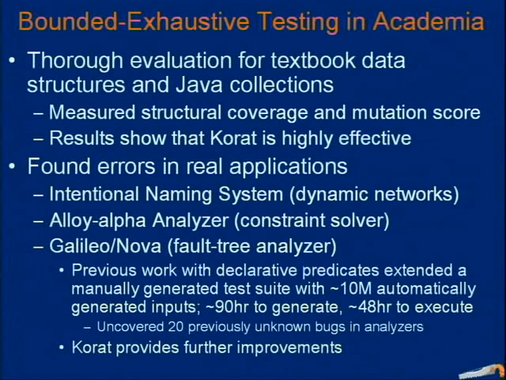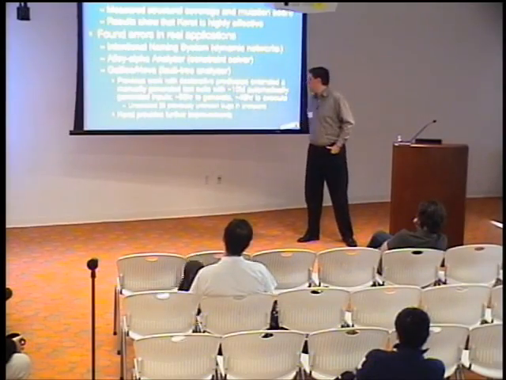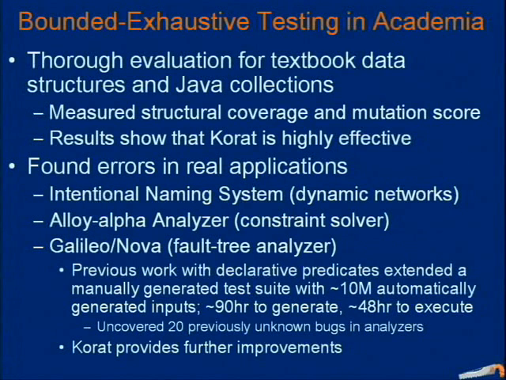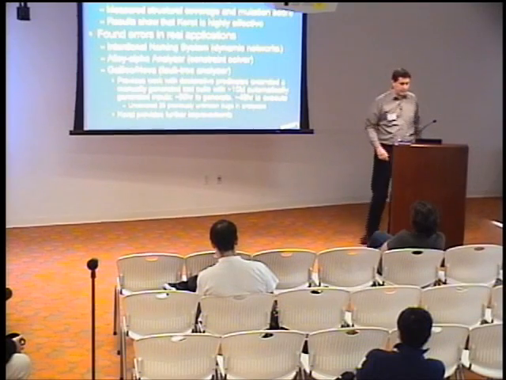And then they've used the tools to actually do this checking with those declarative predicates. The point here is just to show some of these numbers: you can generate millions of these tests, and then it can take hours or days to actually generate and execute. Another point also is to show that the tools are useful. For example, there were 20 bugs that were found in those things.